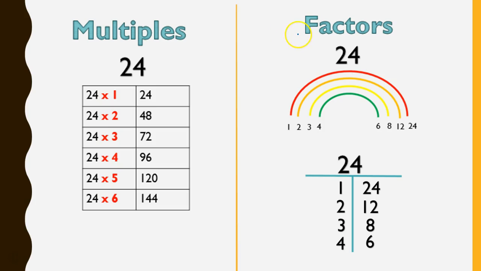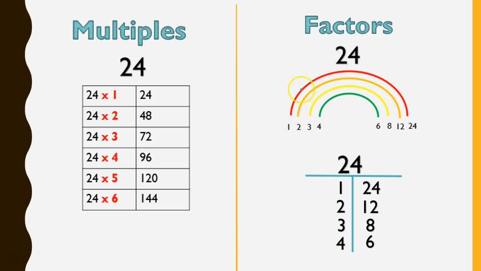Now when you're trying to find the factors of 24, you can use a factor rainbow like we learned, or a T-chart. And so we're finding two digits that you can multiply together that equals 24.